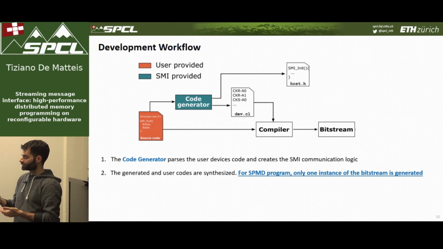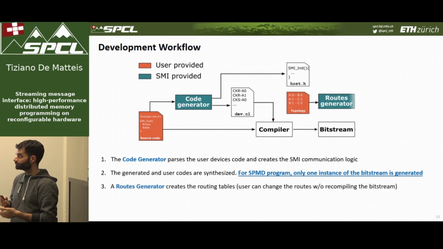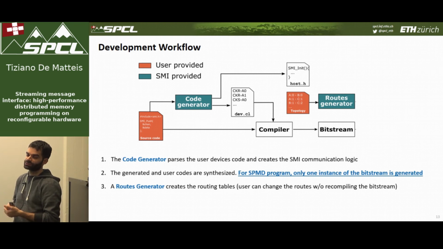I just wanted to let you notice that for single program multiple data applications, we just need one bitstream for the entire cluster. Then at runtime, we need a route generator that takes as input the network topology, which is expressed by a JSON file, in order to compute the routes for forwarding the data in the application.